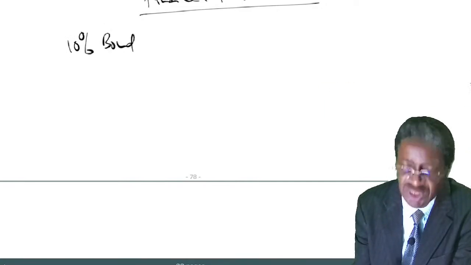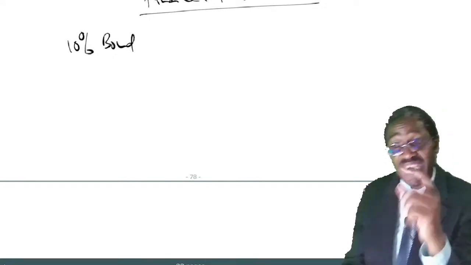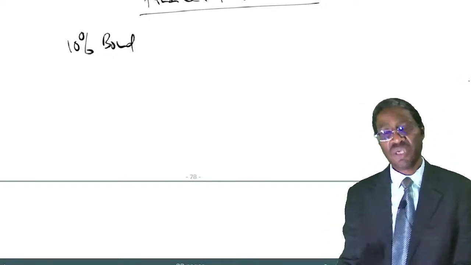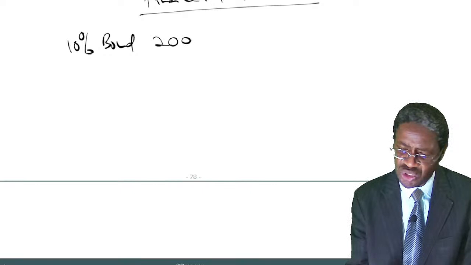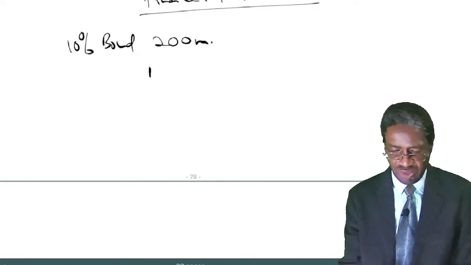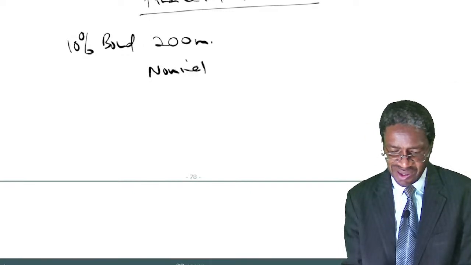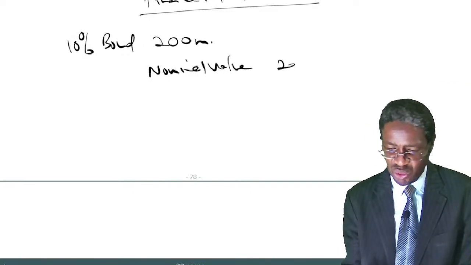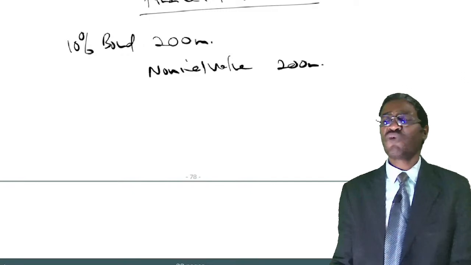Suppose you issued a 10% bond whose nominal value was 200 million.